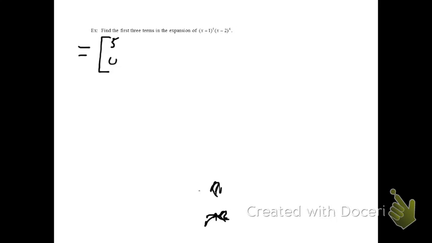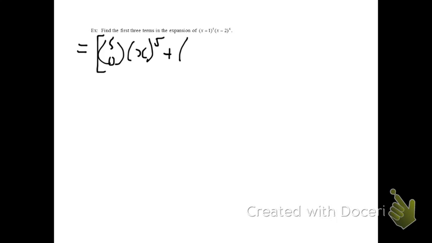So we approach the expansion in the same way. So there's our 5 choose 0, and then x to the power of 5. And I'm going to save some space here. You know that the b is 1, so it's 1 to the power of 0, or just 1.